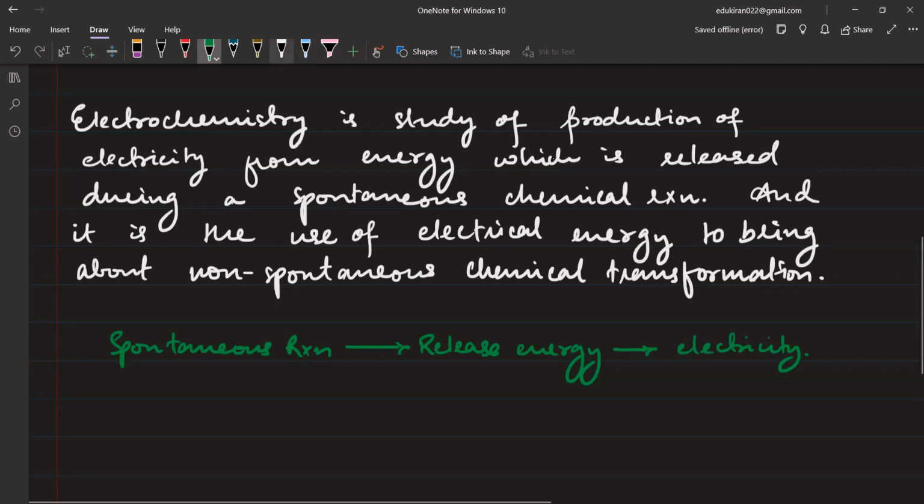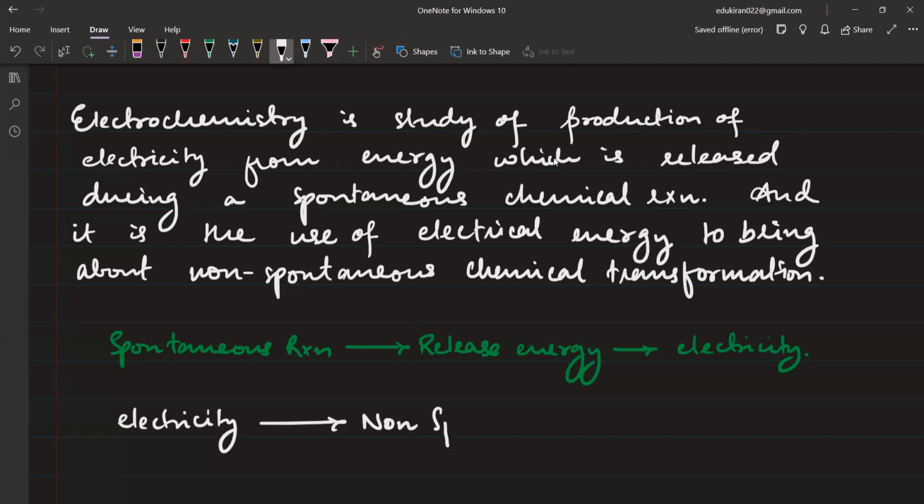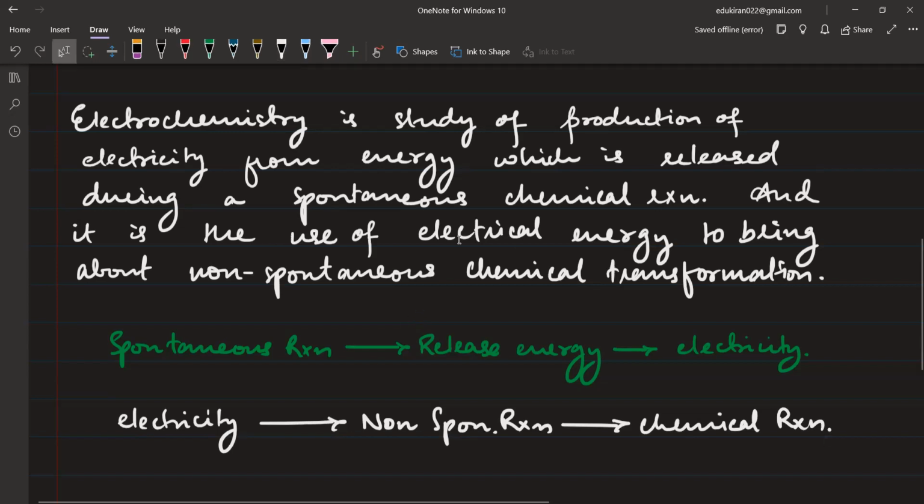Similarly, we are going to give electricity to a non-spontaneous reaction, and it is going to give me some chemical change. That means that reaction is going to occur now. Okay, so a chemical reaction will happen. Okay, so these are the main themes that we are going to study now. Please write this down. Let me know when you're done, guys.